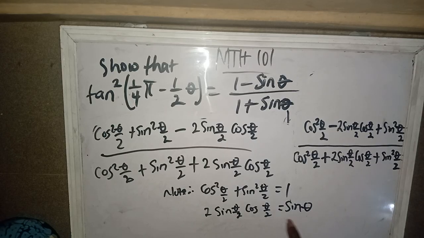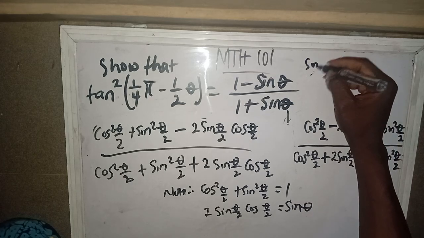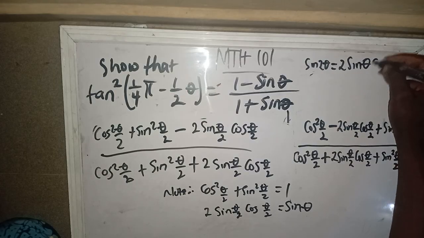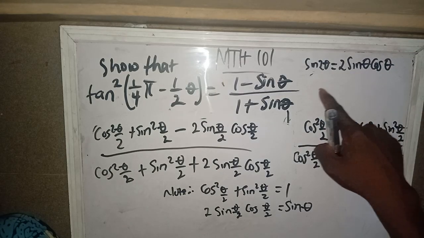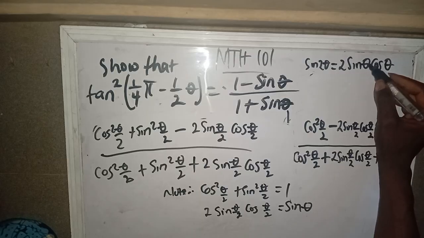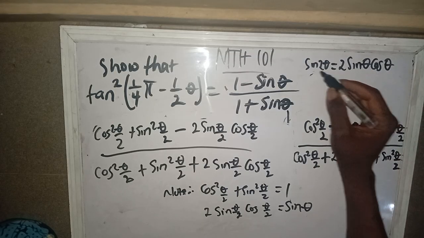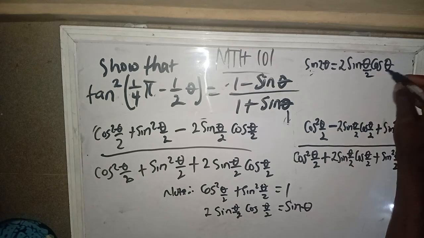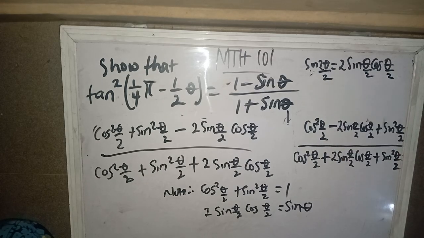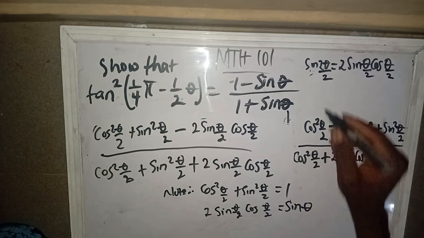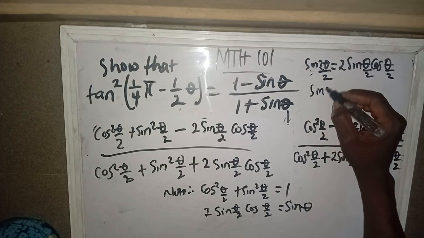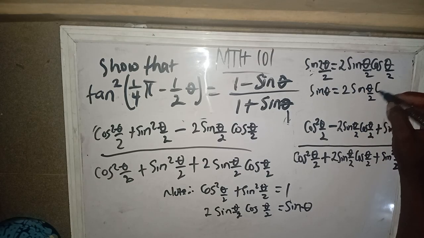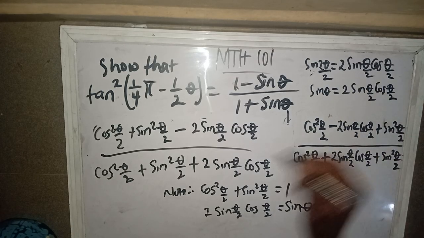Let me prove this second one for us. We remember that sine 2 theta equals 2 sine theta cos theta. Now if I want to change the angle to half angle, if sine 2 theta is 2 sine theta cos theta, dividing the angles by 2, this one will remain sine theta, then 2 sine theta over 2 cos theta over 2.